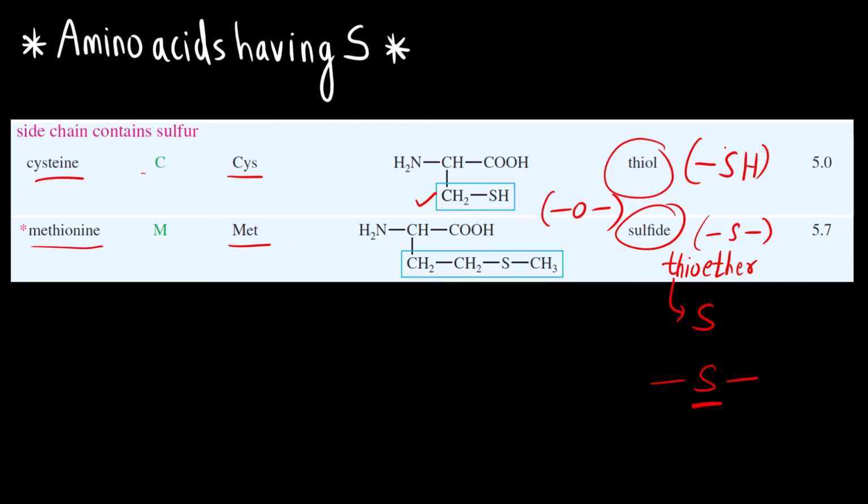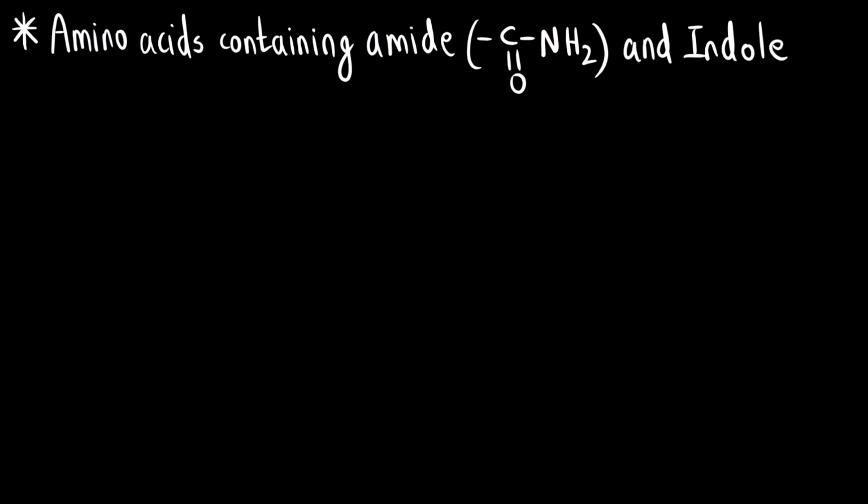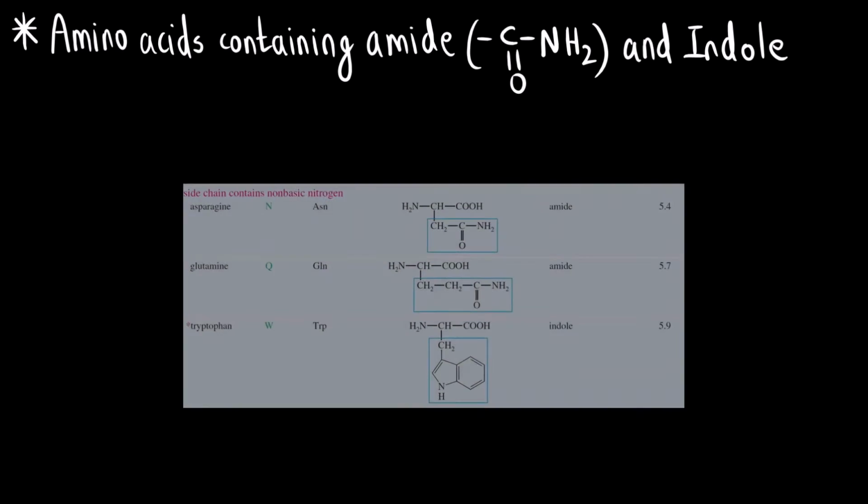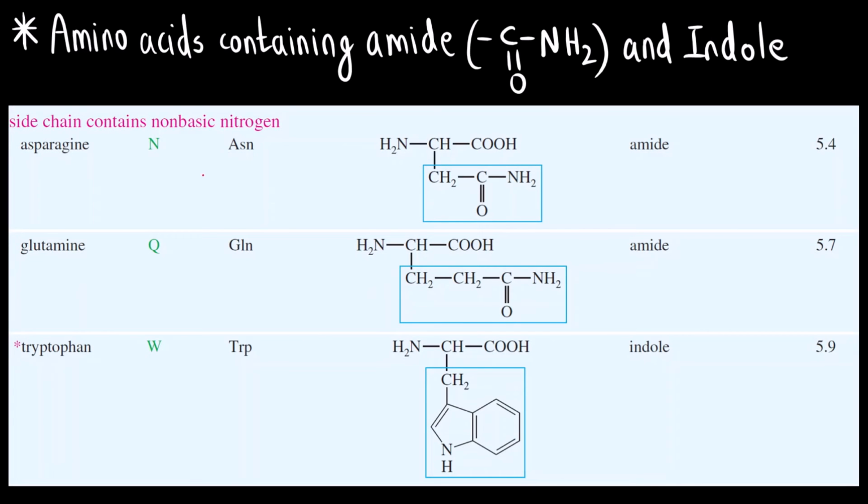These were the amino acids having sulfur. Then amino acids having amide and indole. Amide is which functional group? C double bond O, NH2. There are two amino acids containing the amide functional group, asparagine and glutamine. Asparagine is ASN, and this you have to remember, it is very important: the three-letter name for glutamine is GLN.